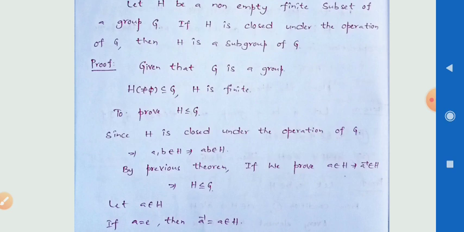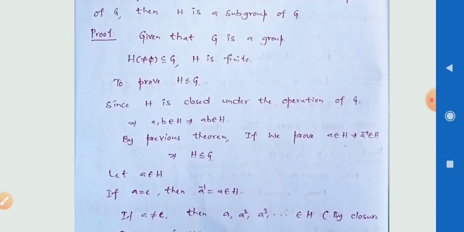To prove that H is a subgroup of G, since H is closed under the operation of G, the given condition is a, b belong to H implies ab belongs to H. By the previous theorem, if you prove a belongs to H and a inverse belongs to H, then H is a subgroup of G. By the previous theorem, we have shown that if H satisfies the closure property and inverse property, then H becomes a subgroup of G. Here H is satisfying the closure property.